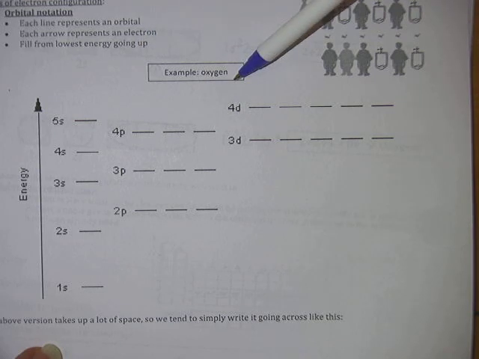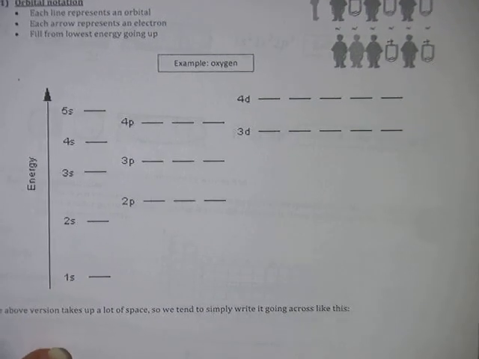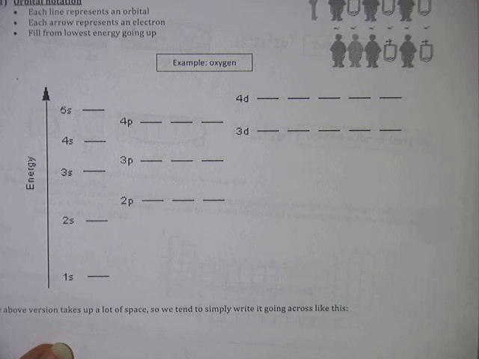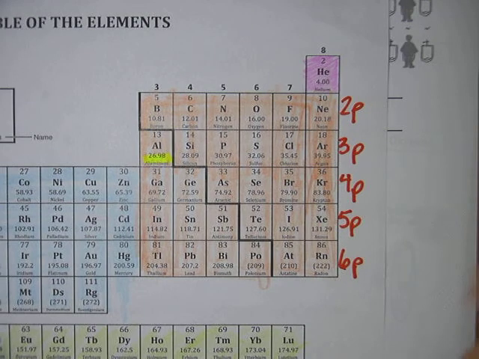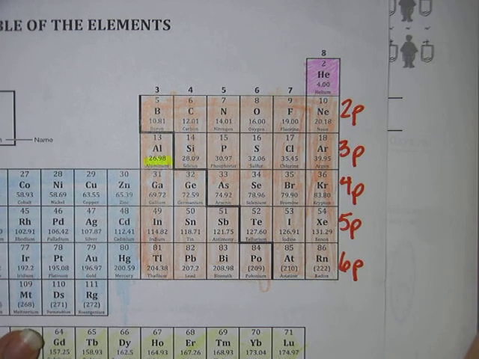So for example, we're going to do oxygen. And the first thing you need to do is figure out how many electrons you are going to need to draw. So if you remember, we go to our periodic table. And we learned something back in Unit 2 that told us how to look at our periodic table and tell how many electrons there were.